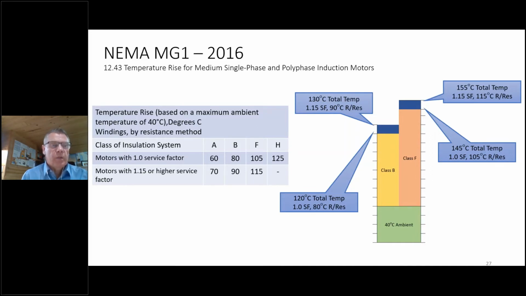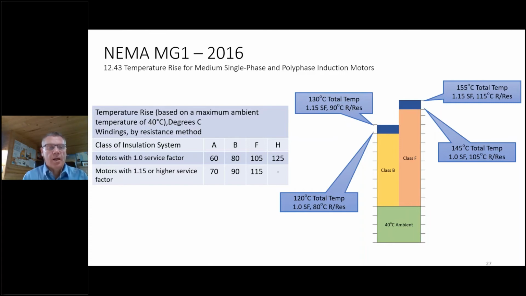We do have these guidelines from NEMA MG1. MG stands for motors and generators. That's the Bible. That's the guide to buy these motors and how to manufacture these motors. Every motor that you'll buy in North America assumes that the base temperature is going to be 40 degrees. Obviously not every motor is going to be subject to 40 degrees. Sometimes it's lower, sometimes it's higher. But to build up some commonality to arrive at these temperatures, we start off with a base temperature of 40 degrees, and on that, we start to add temperature rise.